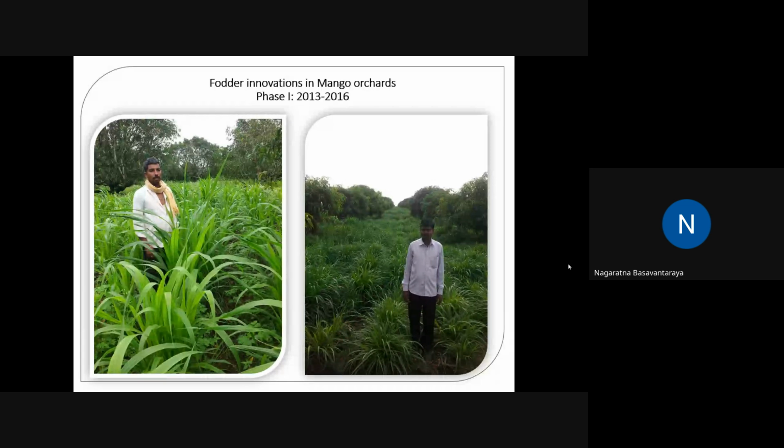In this work, we emphasized introducing fodder crops both in mango and coconut plantations across 7 districts of Karnataka, covering both the southern and northern parts. And we saw a very good spread of this technology from farmer to farmer.